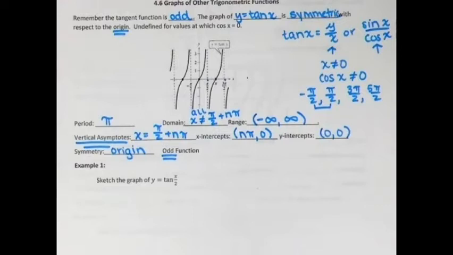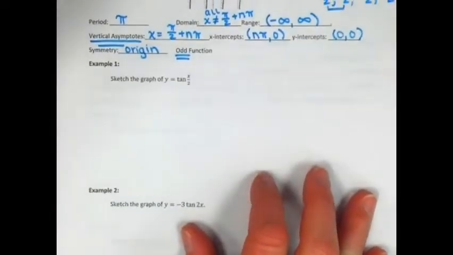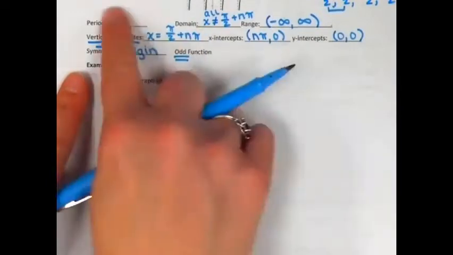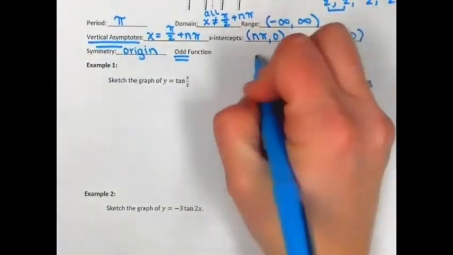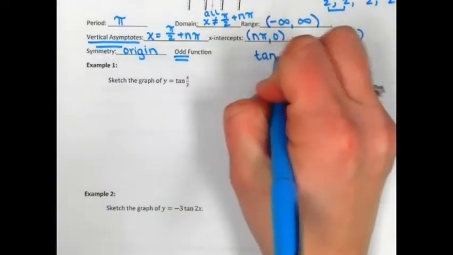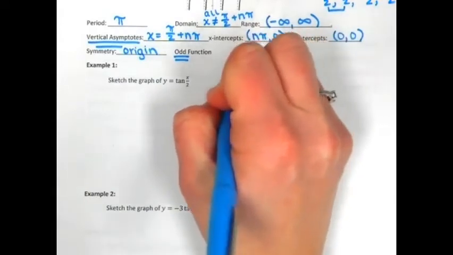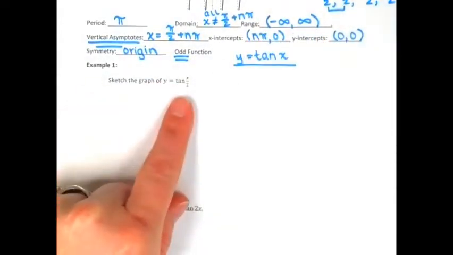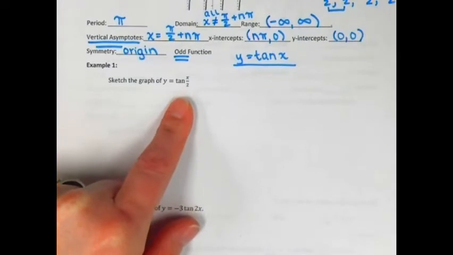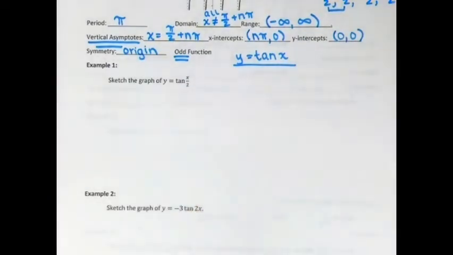All right. Now, this is kind of set up like our sines and cosines here, okay? This is all based off of that parent function of just tangent of x, right? If we have y equals a tangent of x over 2, what actually is changing from this? What changes?